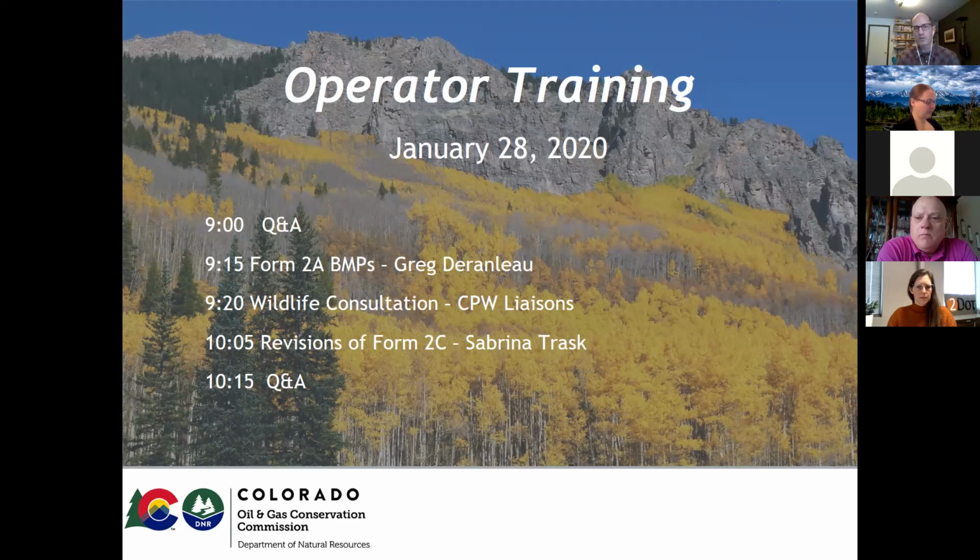And then during our technical review, COGCC staff will pull the appropriate BMPs from the plans and put them on the Form 2A. That will be our affirmation that we've read the plan, we've reviewed it, and we agree that this BMP is acceptable to indicate how the plan will be implemented and how the rules will be complied with.